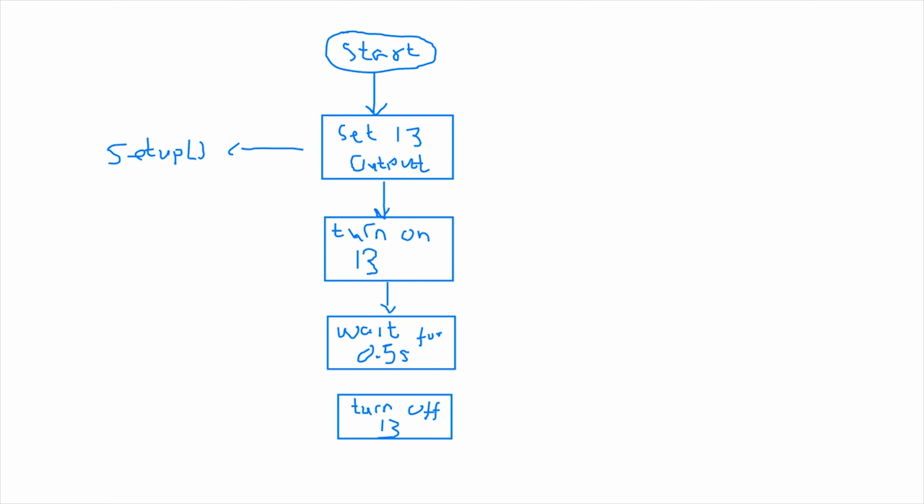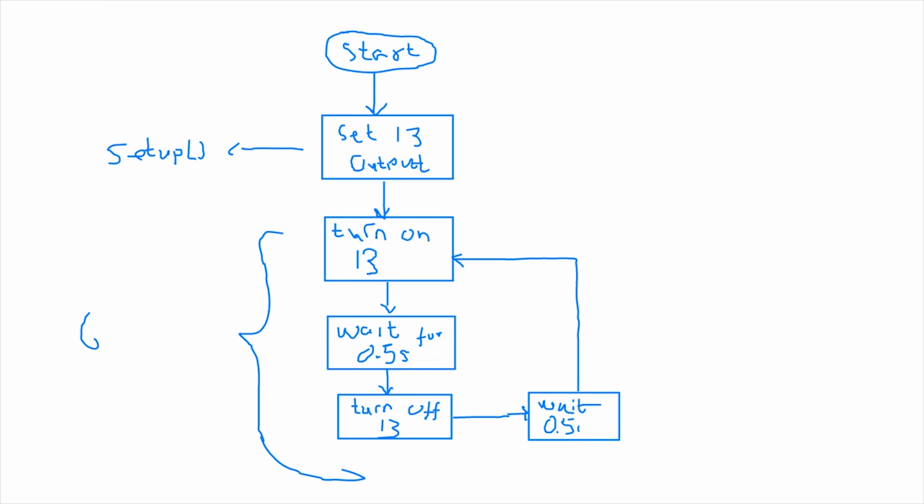We turn off pin 13, and we wait for another half a second. And then we go all the way back to repeat the process. This part will run in the loop function, because we want the LED to blink continuously.